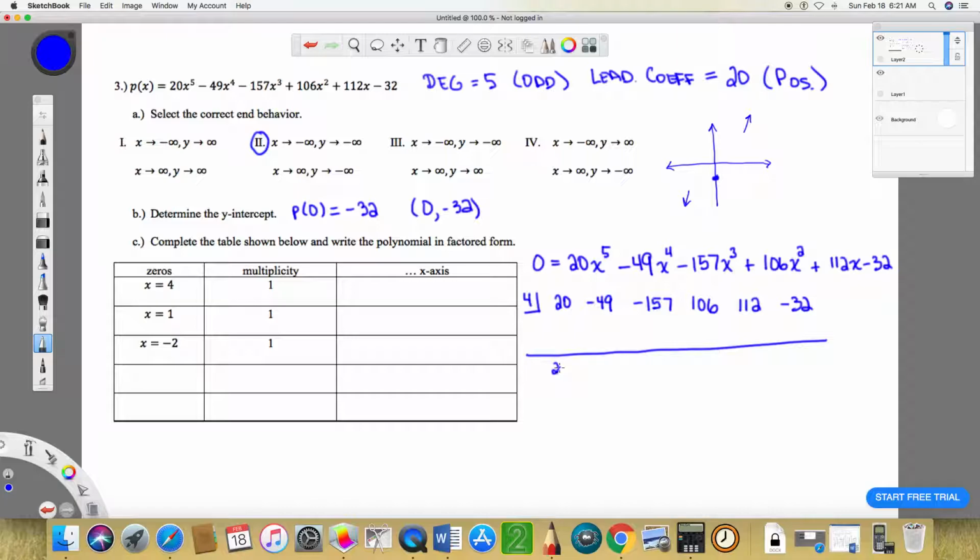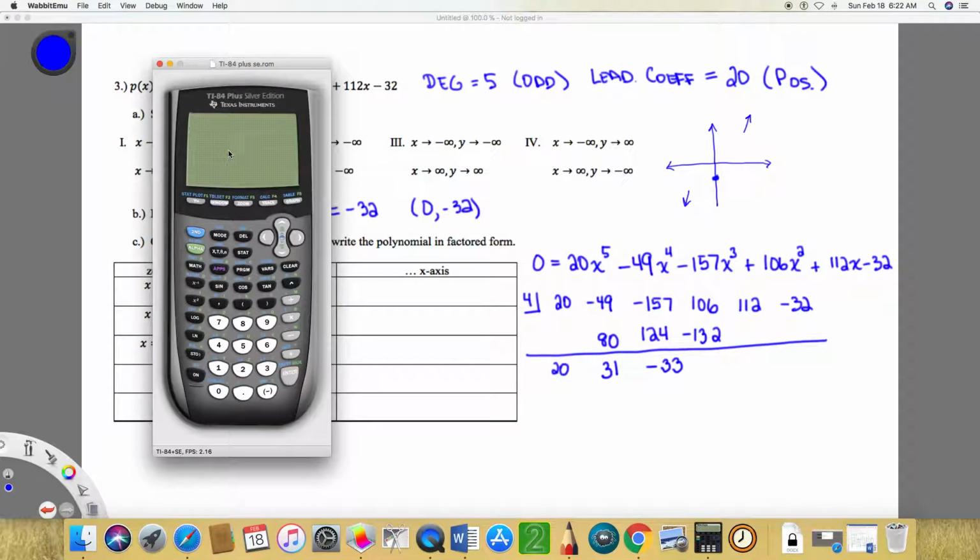So let's hope that doesn't happen. I should probably be checking this on a calculator because I'm not the best at arithmetic.